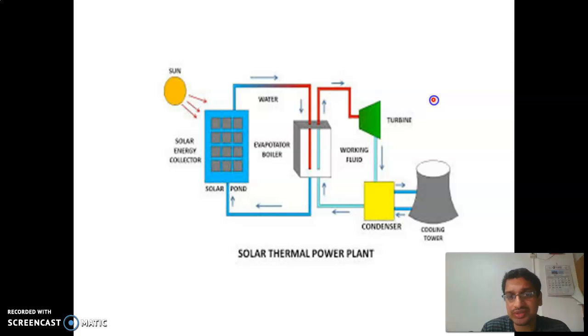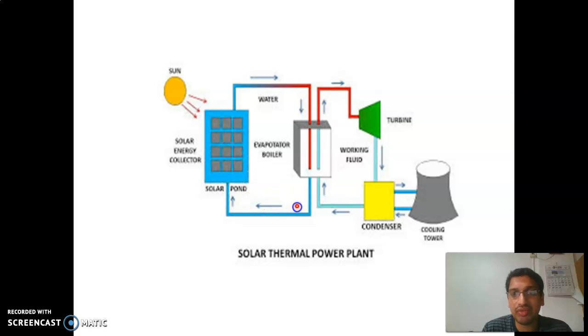The other solar system is the solar thermal power plant. This is the second method used to produce electricity from the solar ray. Here the main components are solar energy collector, boiler, turbine and alternator, and finally condenser.